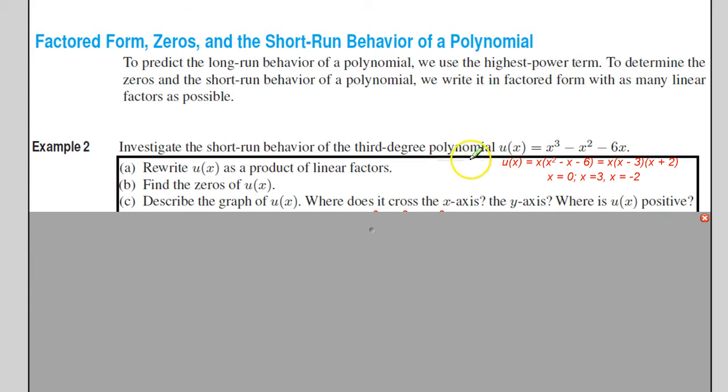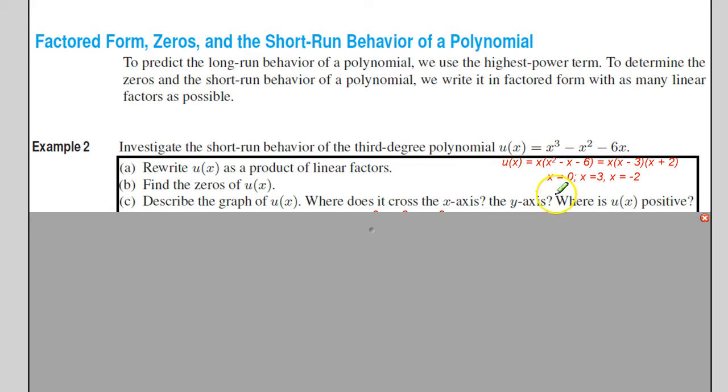So in this case, we have this polynomial function and it's third degree because the highest power is 3. And as we can see here, there is no constant term, which means that this value right here is +0, which means the y-intercept is at 0. When we write this in terms of linear factors, as we can see from algebra, we end up with 3 linear factors, which makes sense because the polynomial is a degree 3.